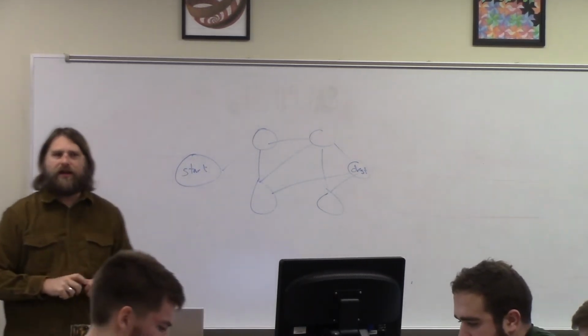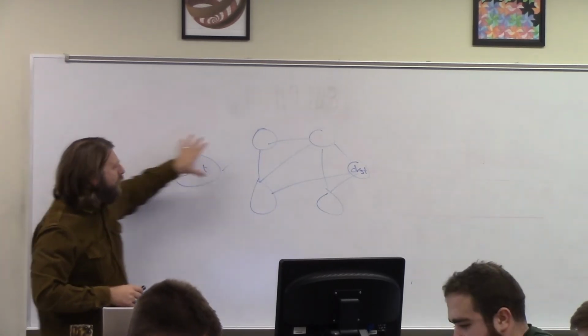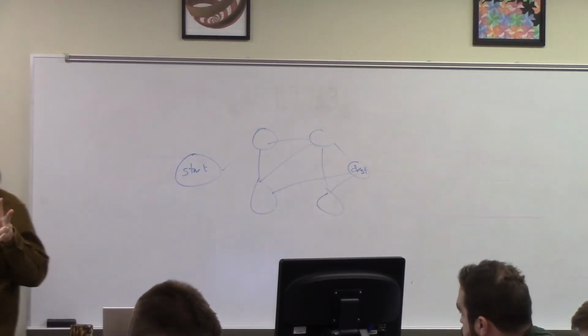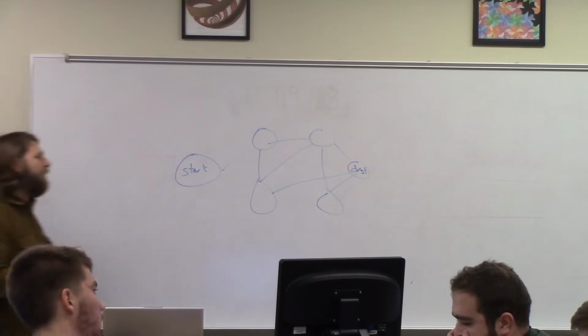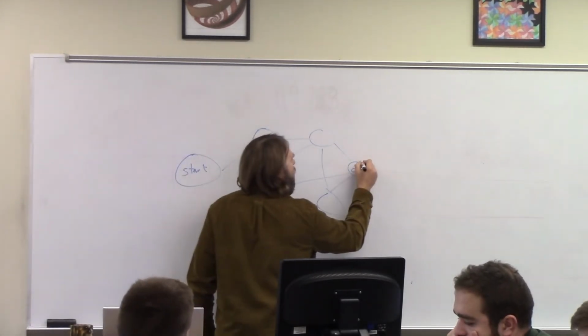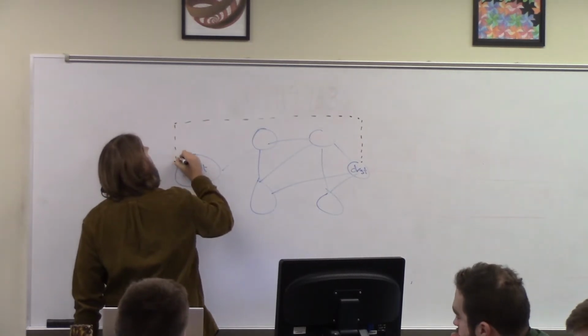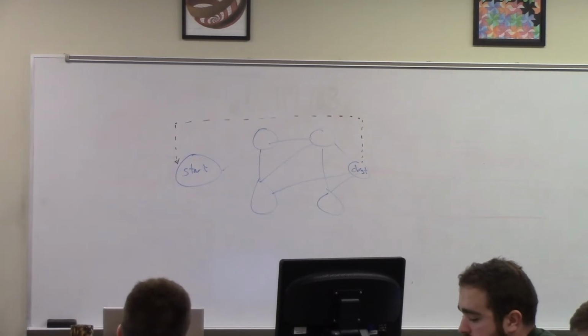If this is what we're trying to do, what's the maximum amount of people that we can get from here to here? The trick that we do to turn this into something that we can solve with our linear problem is we're going to make a fake link that reconnects that destination back to that start.